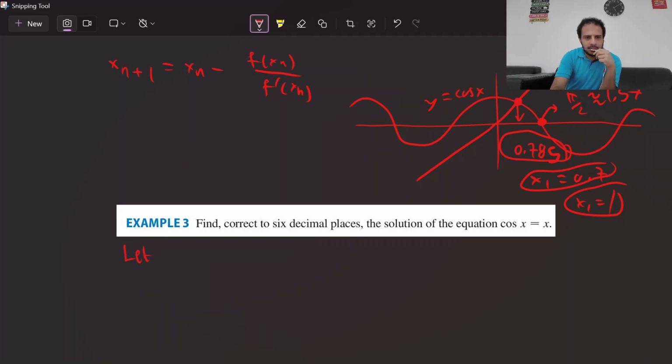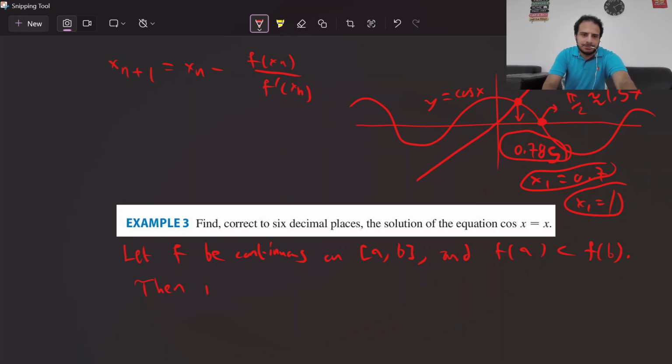Let f be continuous on the closed interval [a, b], and f(a) is less than N, which is less than f(b).